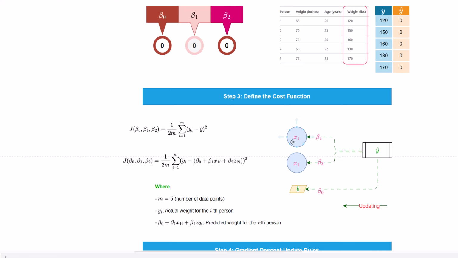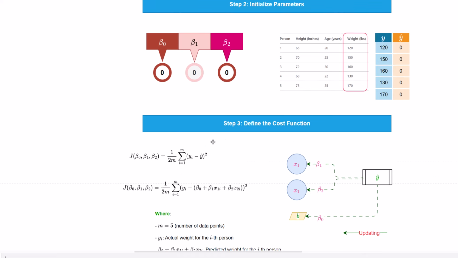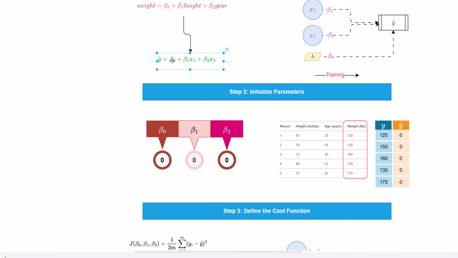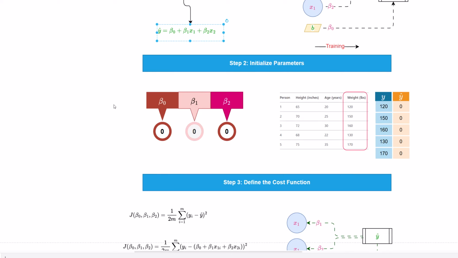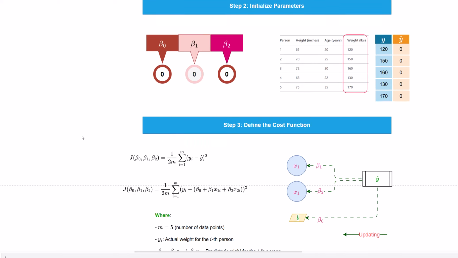So please keep in mind that the data will be fixed. You don't need to update any data. For instance, this data here will be exactly the same in each iteration. We need to change only these variables: beta 0, beta 1, and beta 2. X1 and X2 have to be the same, and we try to find y hat.